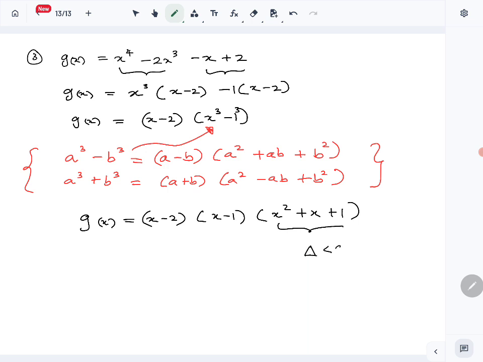Because the discriminant is less than 0, you can't fully factor this again. We will learn to factor this when we learn complex numbers. Until then, we can only factor up to this point, right?